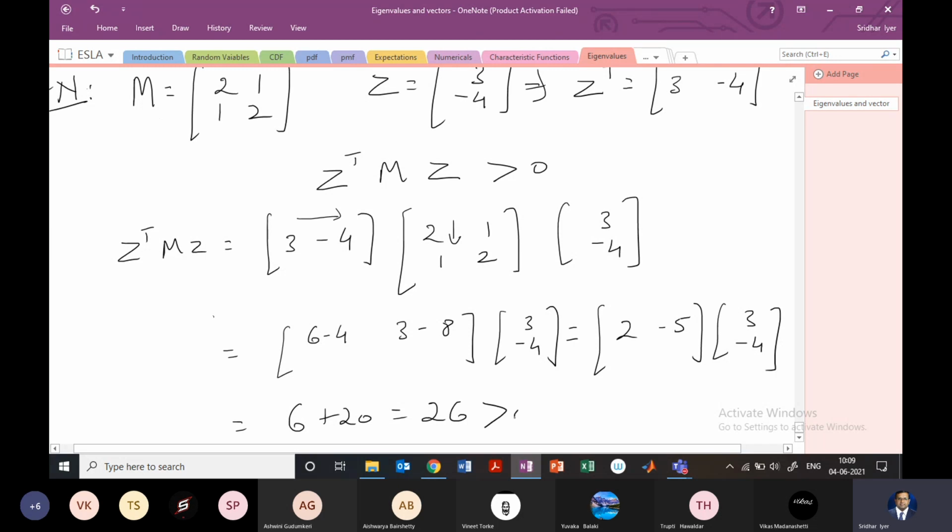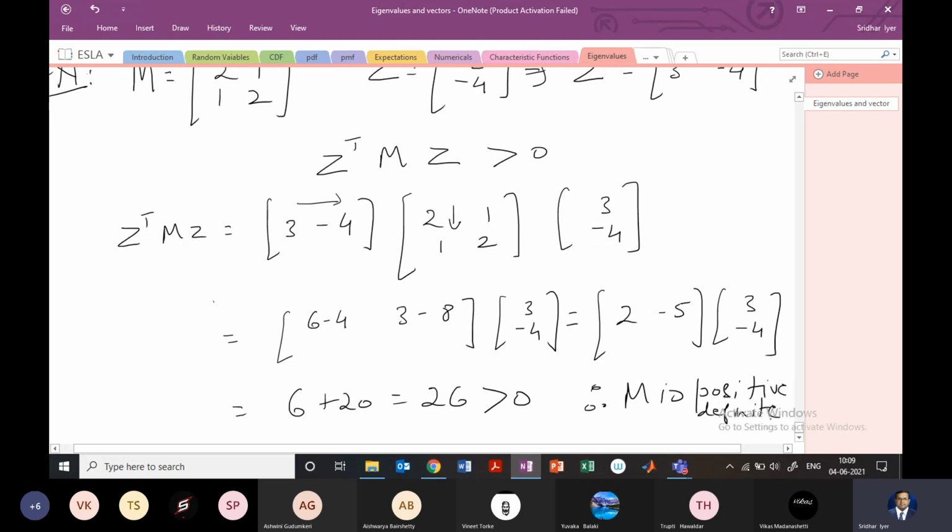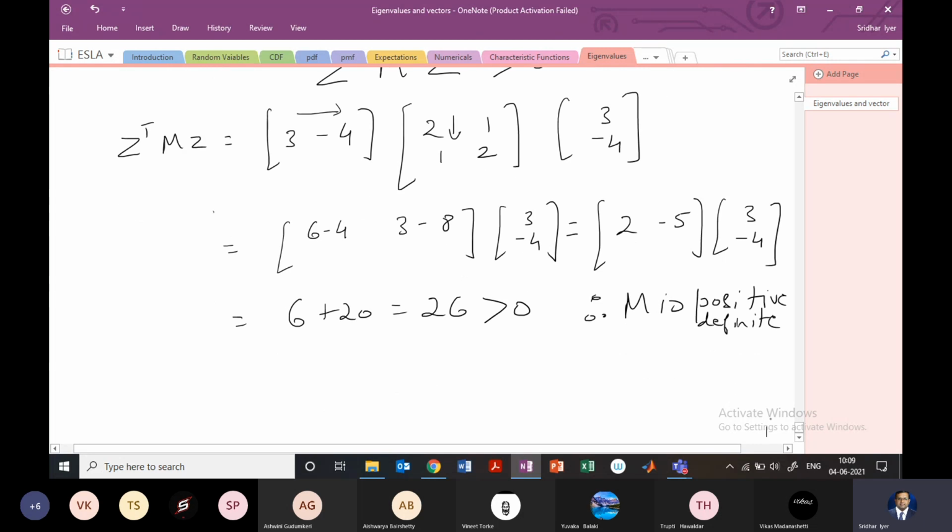Therefore you get 26, which is greater than 0. Therefore M is positive definite, right? So it's a simple concept. That's all we need to prove, whether the multiplication of Z transpose M into Z is greater than 0 or not.